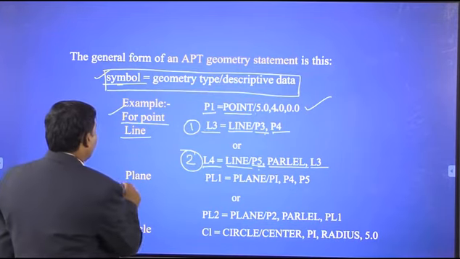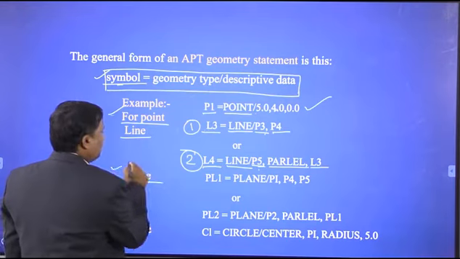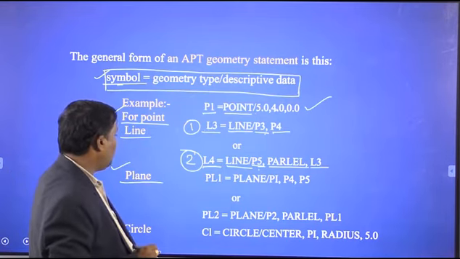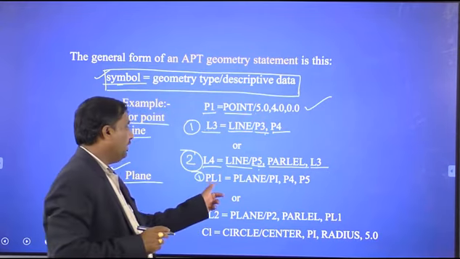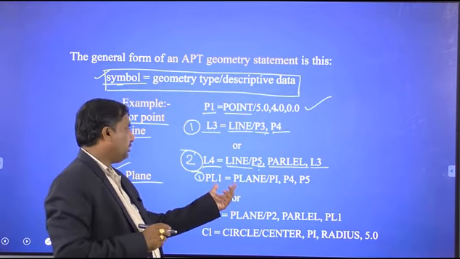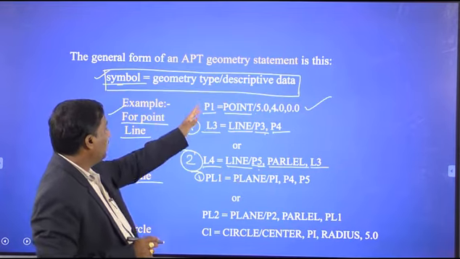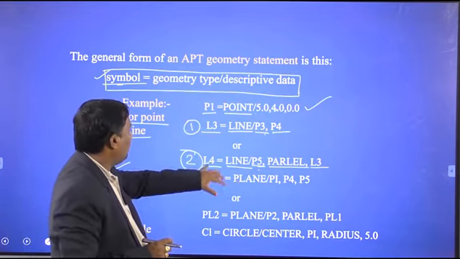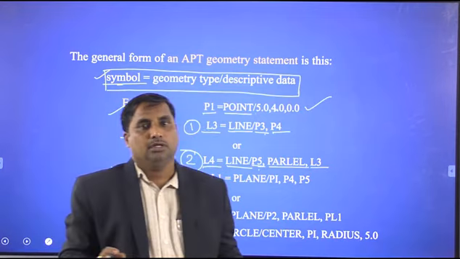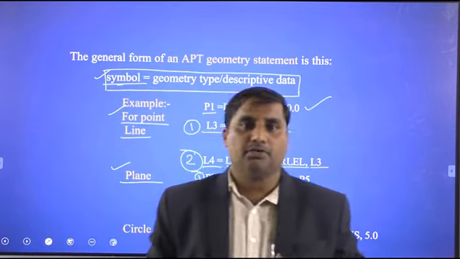Next we will go for the plane. For the plane also there are two methods. In one method, plane 1, the symbol is PL. Again I am telling you, there is no need to specify P1, L1, L2, PL1 like this. The symbol is our choice.